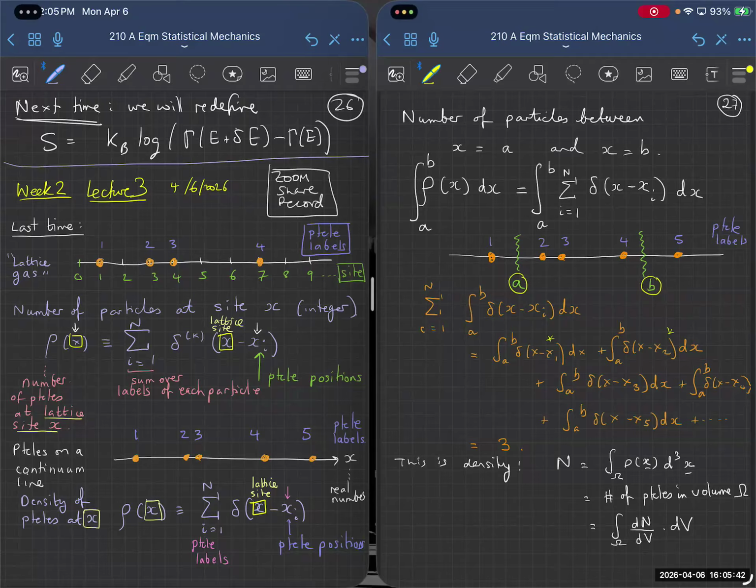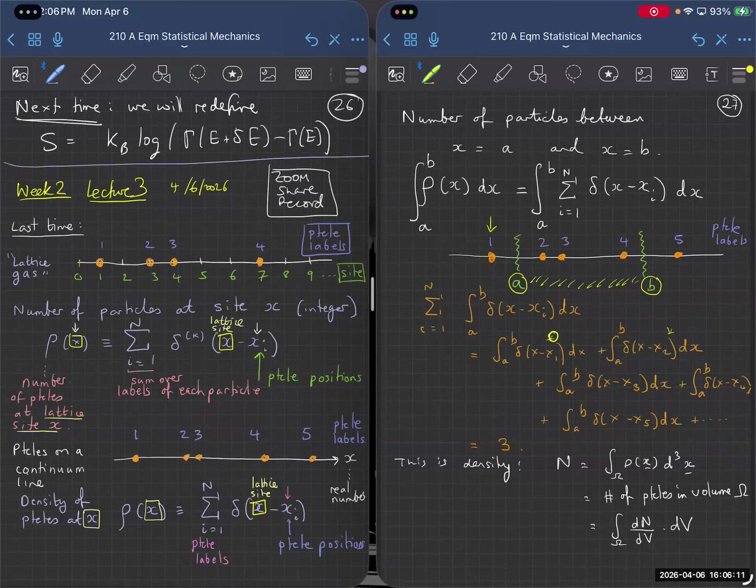You can see that particle position x equals x1 is outside of the area of integration. I'm integrating between a and b. So the integral never includes the position of particle 1, so that delta function won't give you an infinity and get counted. That one gives you 0. Particle 2 is within that range.